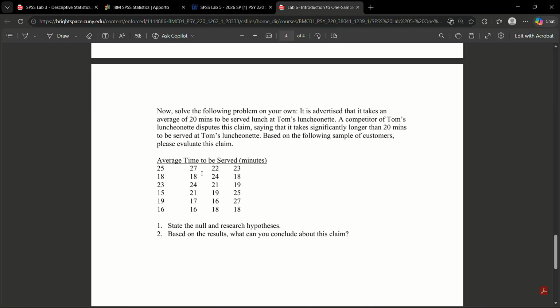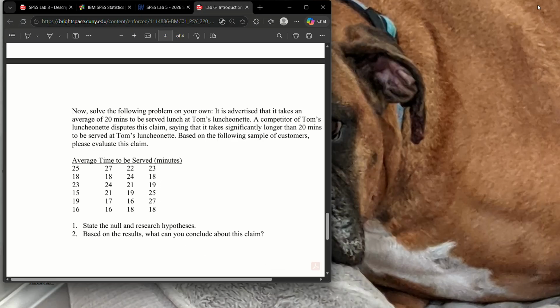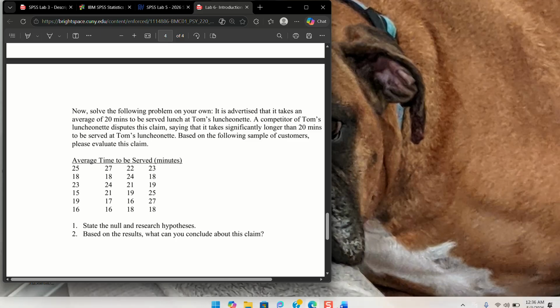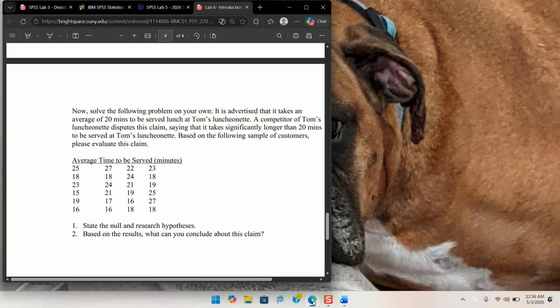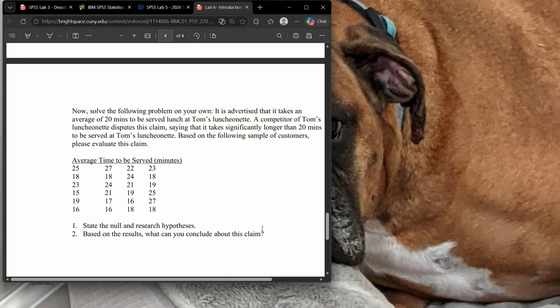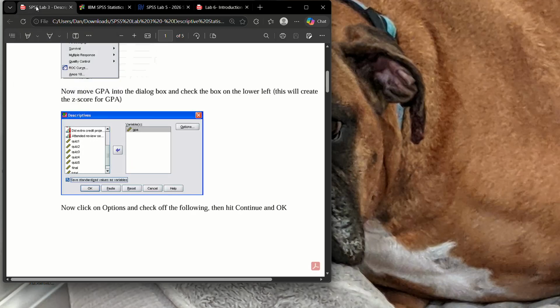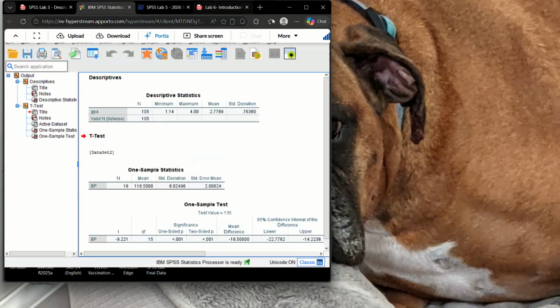So let's take a look. We're going to have to actually input this into SPSS. You can't copy and paste this. So we're going to input into SPSS here. Let me open up SPSS. Here's the SPSS.